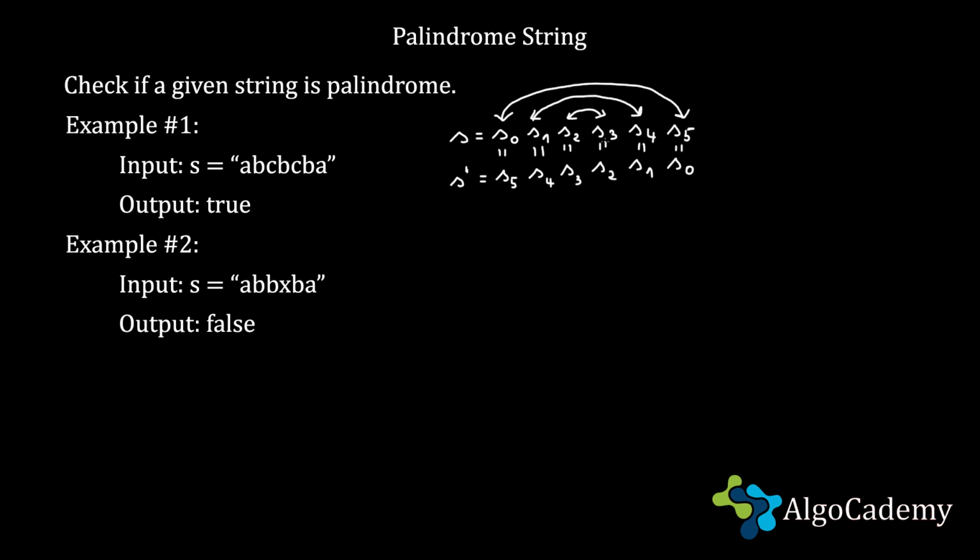One step to the right, one step to the left. Check if those two are equal, and here we stop. So basically what we do is follow the exact algorithm that we used for the reverse string problem. But this time, instead of swapping the characters, we just check if they are equal. If so, we continue and check the next pair. If not, we can return false and terminate the algorithm.